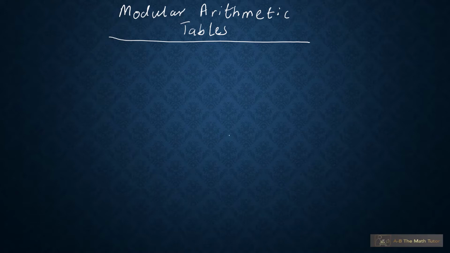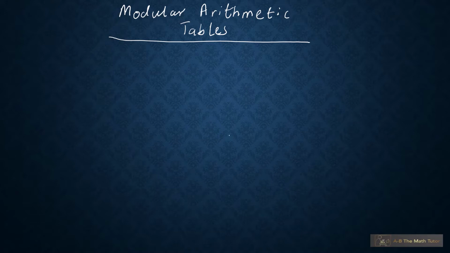And with these tables, various questions are mostly asked to find what to do with the elements of these tables. So let's get right into how to construct a modular arithmetic table.